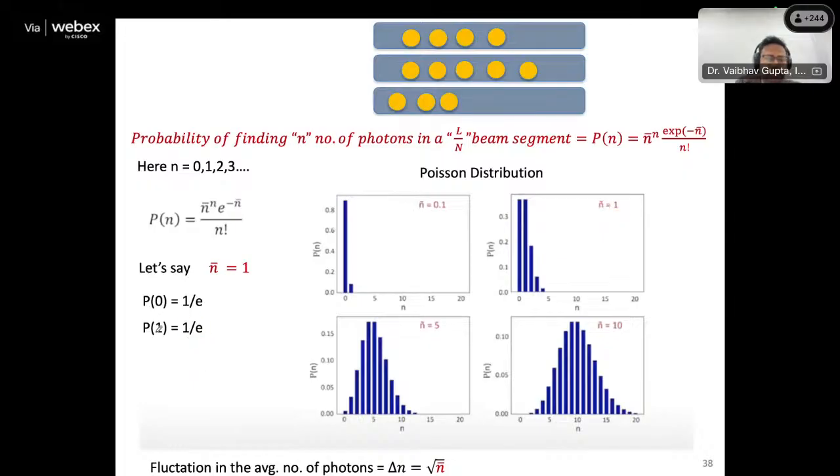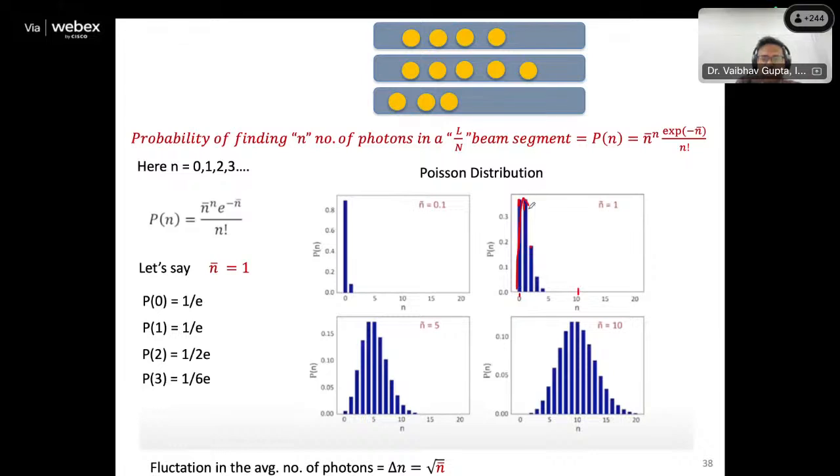So the probability of finding 1 photon is also 1 by e. So here we see the probability of finding 0 photons is roughly 1 by e, for 1 photon it is 1 by e, and if we move next, the probability of finding 2 photons suddenly drops down. And the probability of finding 10 photons is essentially 0.